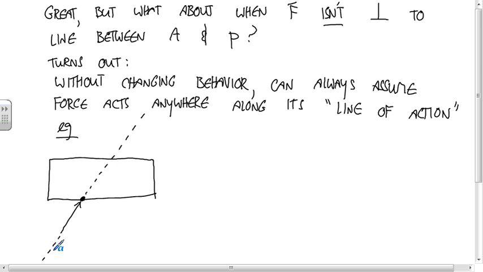It's a line that's parallel to the force and goes through the point where the force actually applies.